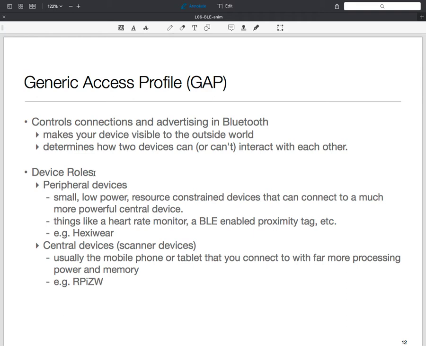It makes your device visible to the outside world. Okay, so that was the original role. This is what BTLE ended up using. So we already saw it. It has peripheral devices, which are the more resource-constrained things, like our Hexaware, and it has central devices. This would be your laptop or tablet phones, or in our case, Raspberry Pi.